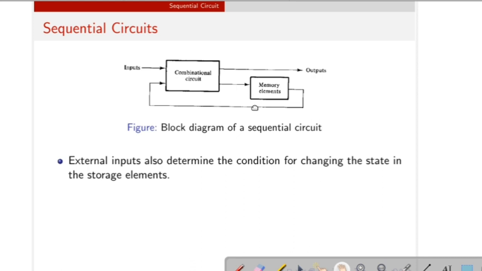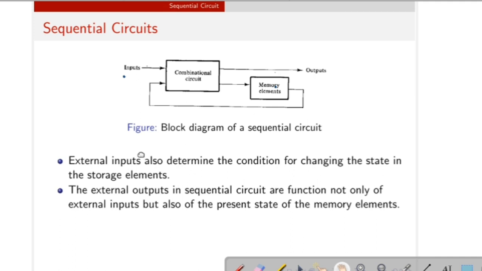So the state change in the memory element also depends upon the external input. That means when you apply an external input, based on that external input, the memory element changes its state. Similarly, the output of the sequential circuit depends upon the external input and the present state of the memory element.